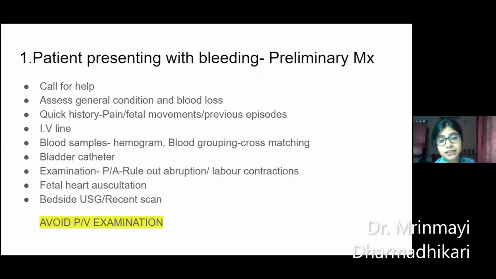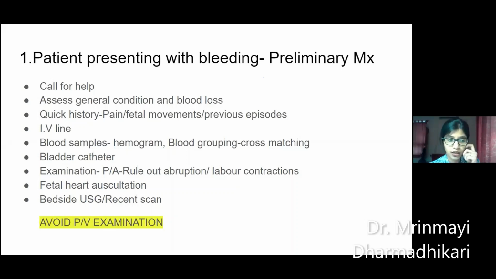Do an upper abdominal examination to rule out abruption, check for labor contractions, auscultate the fetal heart. Wherever you're working, if you have the facility for a portable or bedside USG, please do a USG scan to find out the location of the placenta. And most important, avoid a per vaginum examination in cases of placenta previa. I cannot tell you how important this is.